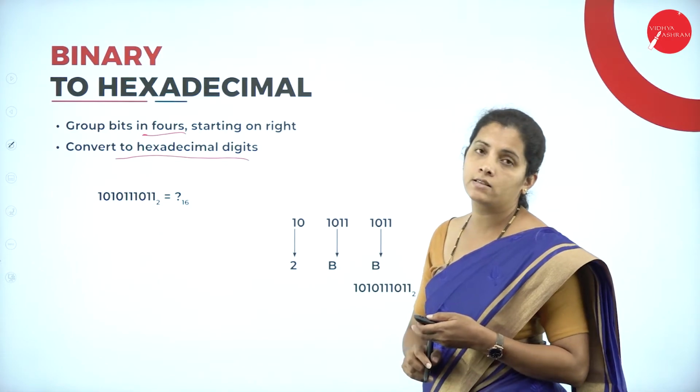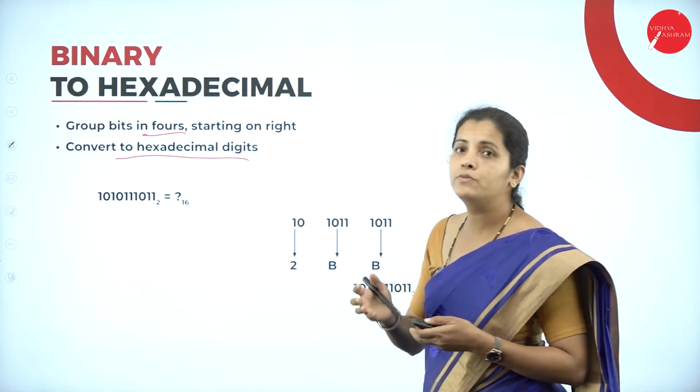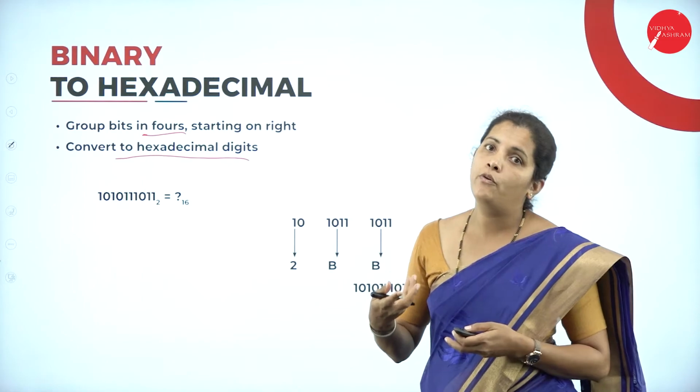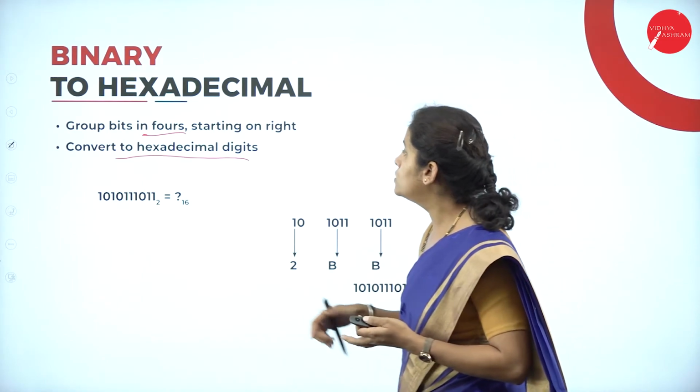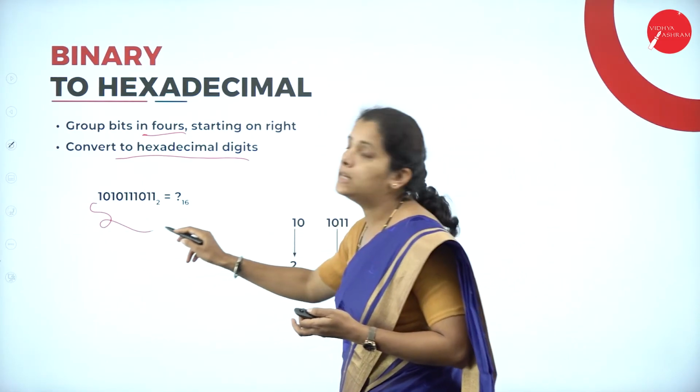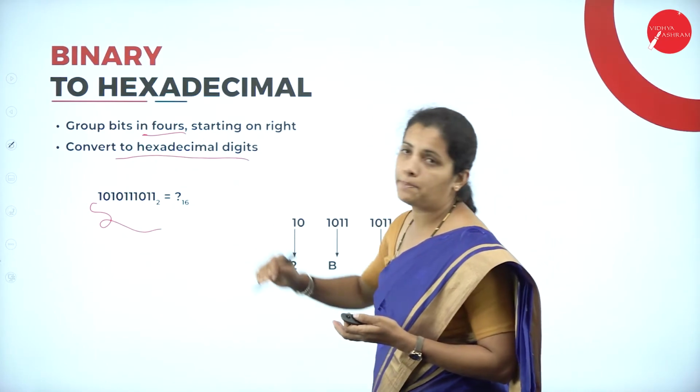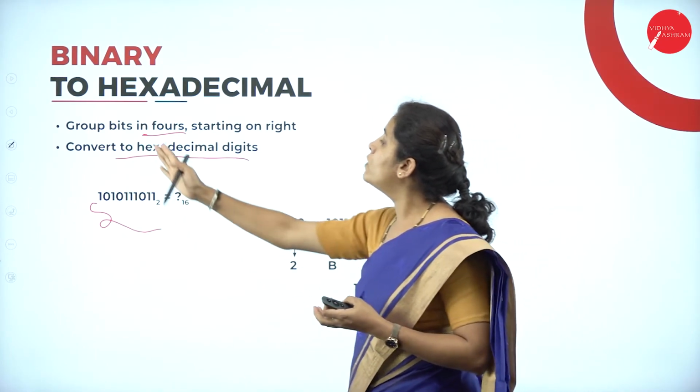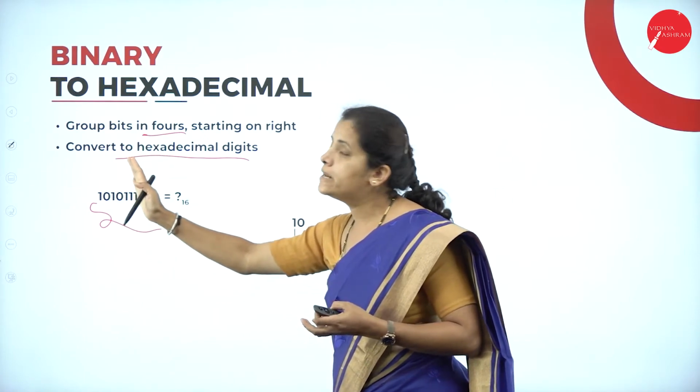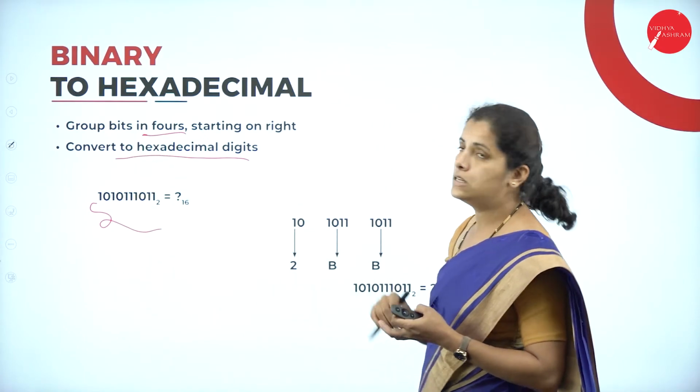So this is the actual binary representation. Now I want to convert this binary number to hexadecimal.